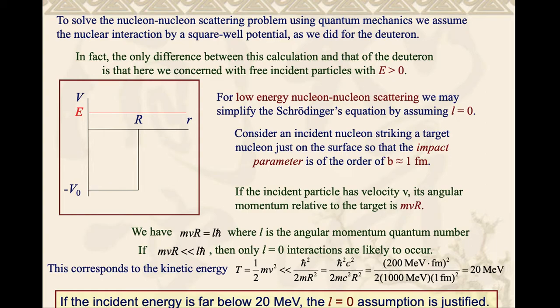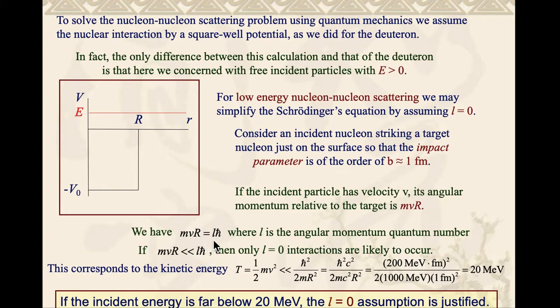If the incident particle has velocity v, its angular momentum relative to the target can be written as mvr, where m is the mass, v is the velocity, and r is this value, here 1 femtometer. We have mvr equal to L h cross, angular momentum being an integral multiple of h cross, where L is the angular momentum quantum number. If mvr is much less than h cross, only L equal to 0 interactions are likely to occur.